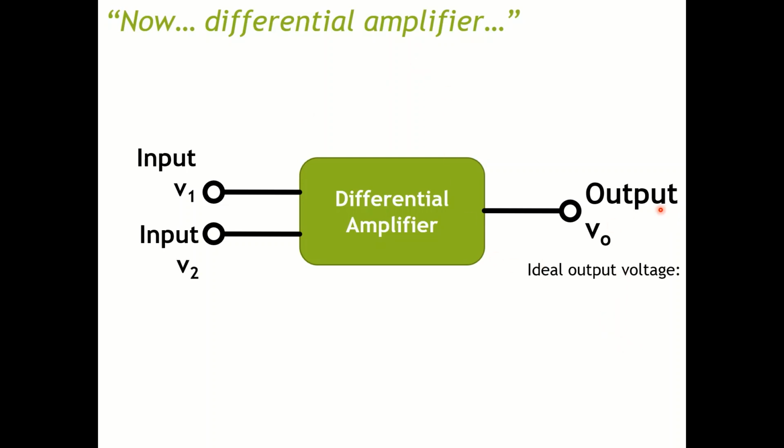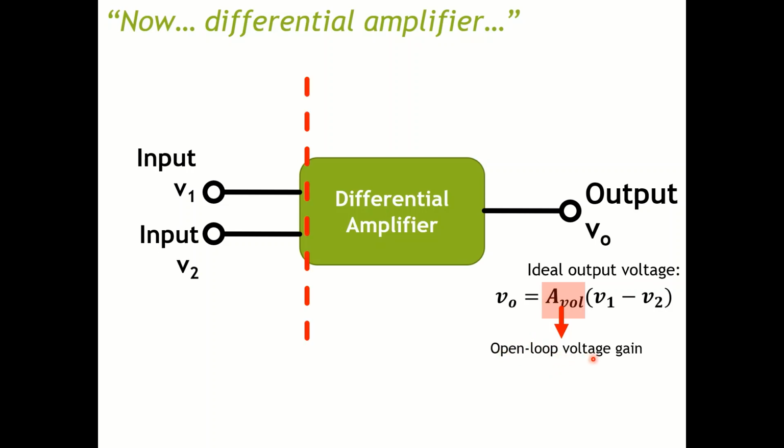As you can see, the output would be equal to V1 minus V2. So basically it takes the difference between V1 and V2, then multiplies it by the amplification factor, or the voltage gain. This one is called the open loop voltage gain.